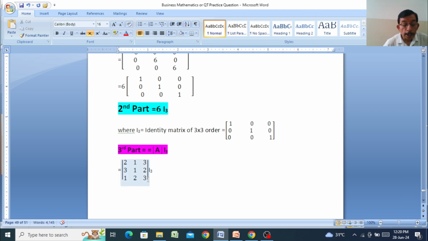Now simplify the third order determinant value, expand according to the first row.